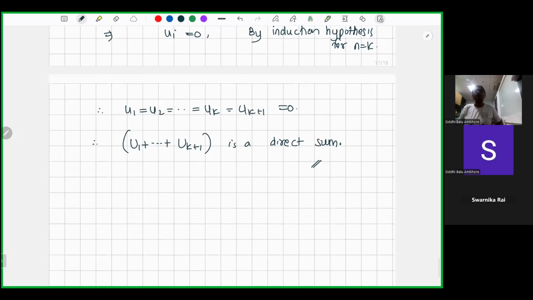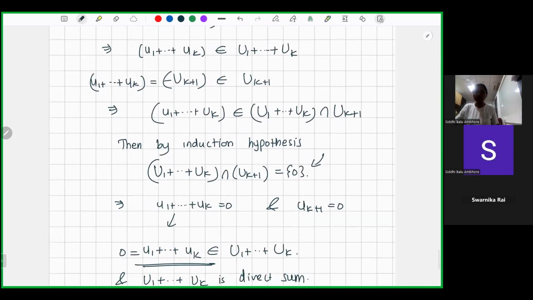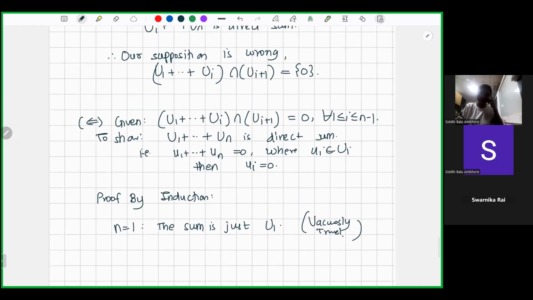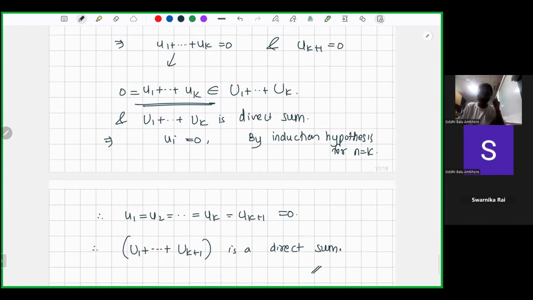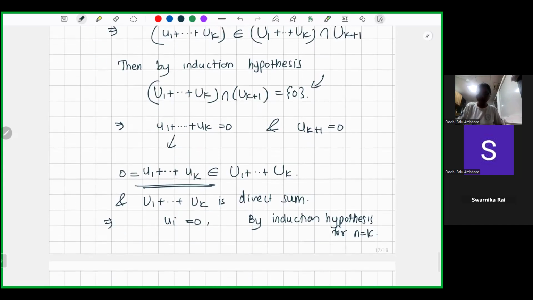Is this okay? Yes. We use this fact for n equal to k plus 1, and then we got that the intersection will be 0, and once the intersection is 0, each term will be 0.